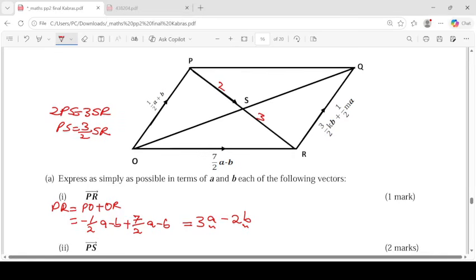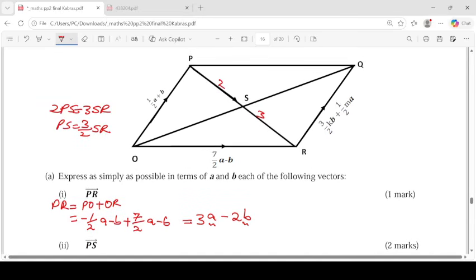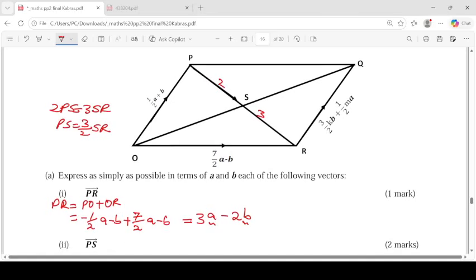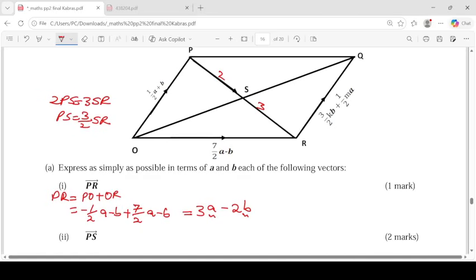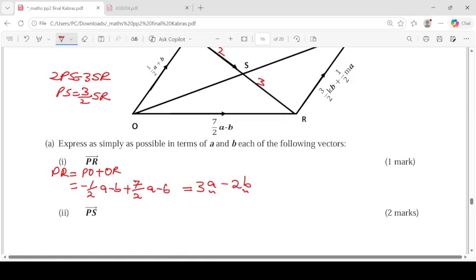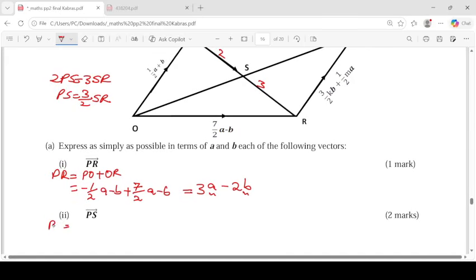So, when I want PS, I can say PS is equal to 2 over 5 of PR. That is some logical reasoning.